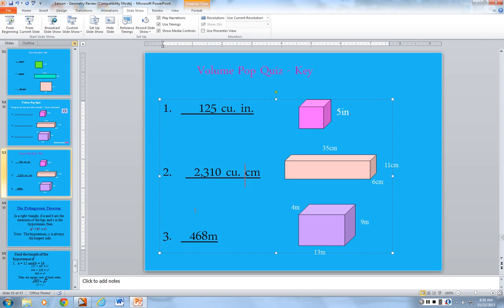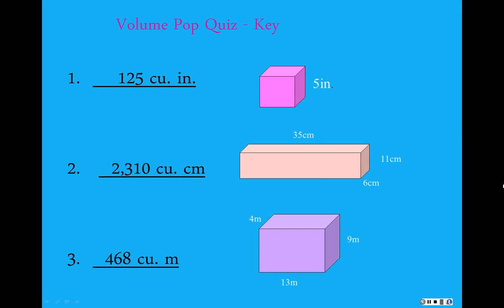Did you guys get 468 on the last one? Okay, I've gotta change that. It bugs me. So cubic inches, cubic centimeters, and cubic meters. 468 is right. He had 568. Okay. I think he's got it now.